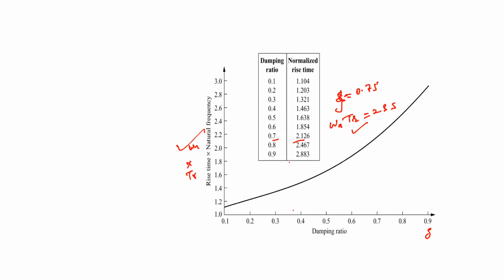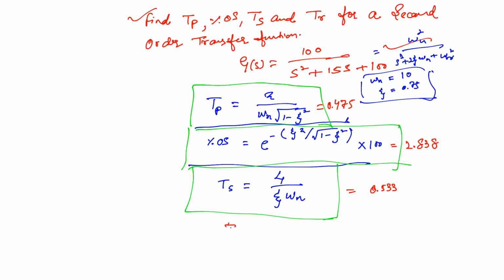Now to get the rise time, we divide this 2.3 by omega n. So finally we get the rise time as 0.23, which cannot be obtained analytically but is obtained graphically.